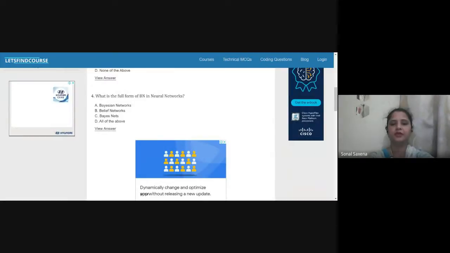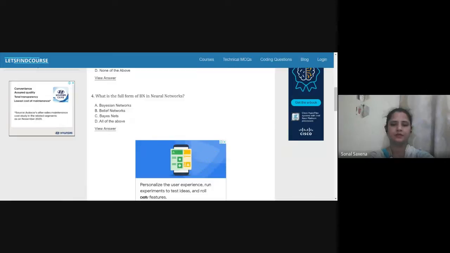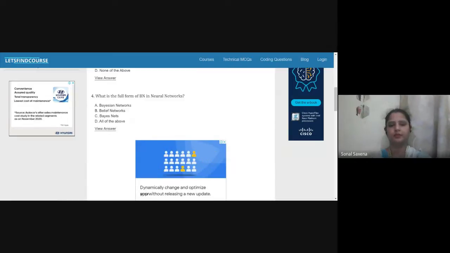What is the full form of BN in neural network? Is it Bayesian network, belief network, Bayes net, or all of the above? I hope you'll be able to answer it correctly.